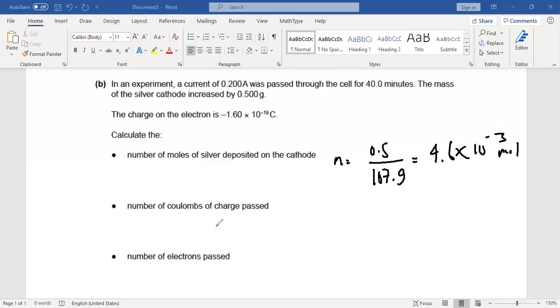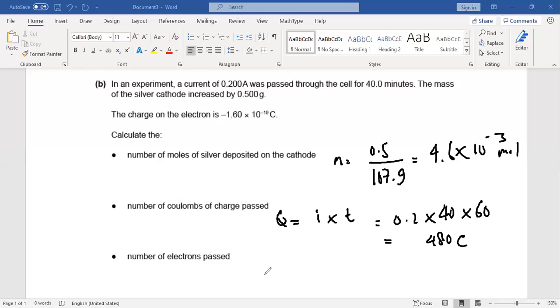Then the charge Q is I times T. I is 0.2 and T is 40 minutes, but this should be in seconds, so I multiply by 60, and then I will have 480 coulomb.